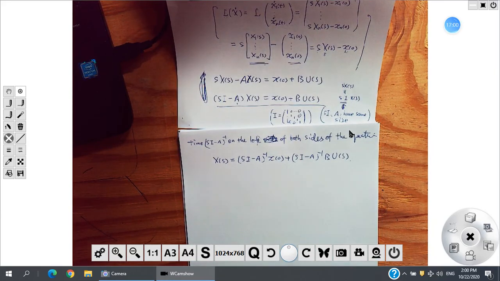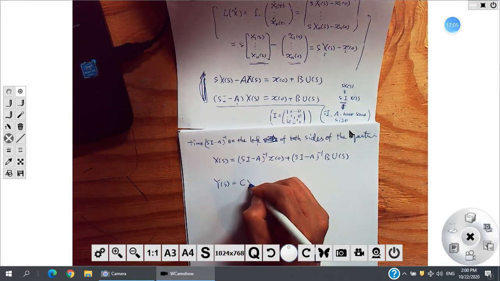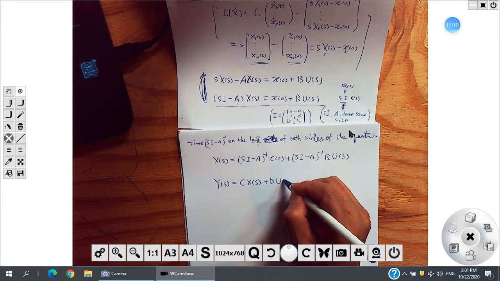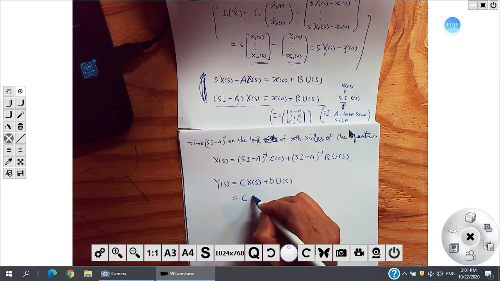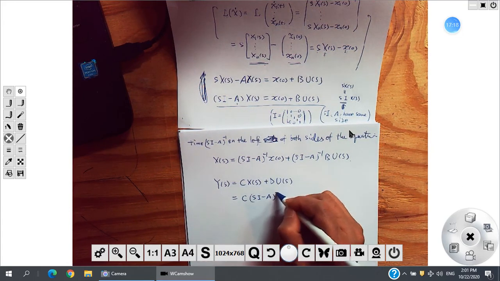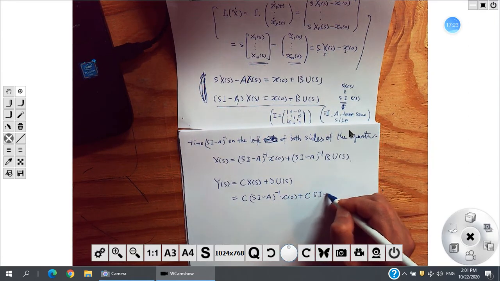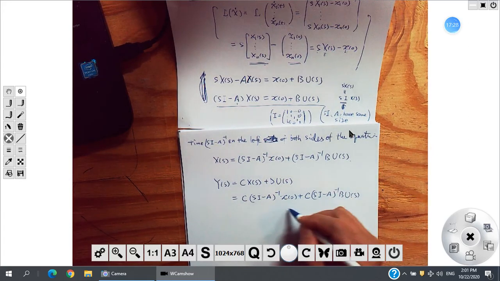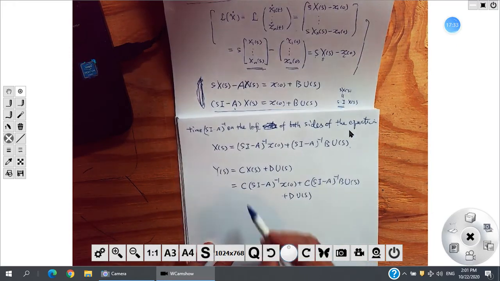Then we plug in, we can have Y. Y is C times X plus D times U. Now C times X plus D times U, and X is here, so it is C times (sI minus A) inverse times x(0) plus C (sI minus A) inverse B U(s) plus D times U(s). So we have these two formulas.